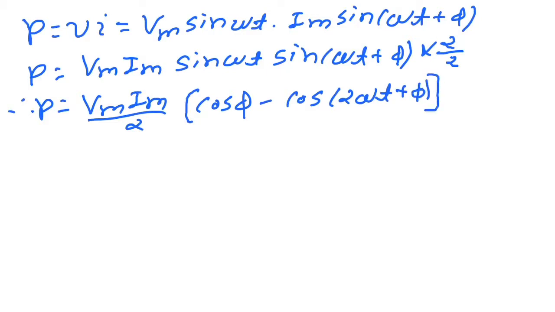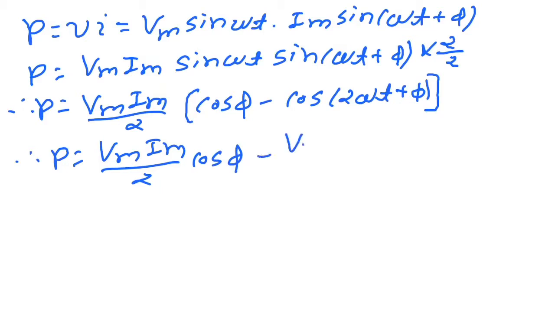Here we use the formula minus 2 sin alpha sin beta is equal to cos (alpha plus beta) minus cos (alpha minus beta). Therefore, instantaneous power p is equal to Vm Im by 2 cos phi minus Vm Im by 2 cos (2 omega t plus phi).